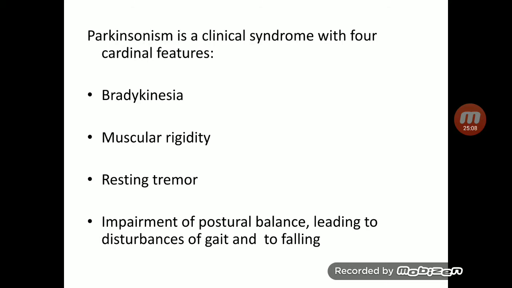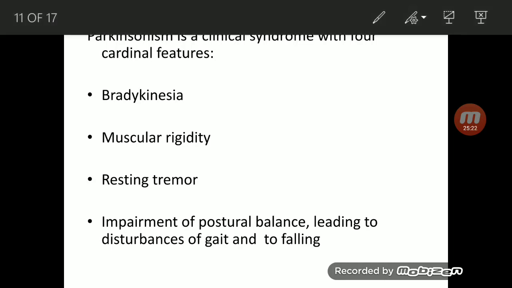So next comes Parkinson's disease. As I've told you already, Parkinson's disease is also a neurodegenerative disease, and it is the second most common neurodegenerative disease. Parkinson's is a clinical syndrome with four clinical features. The first is bradykinesia.